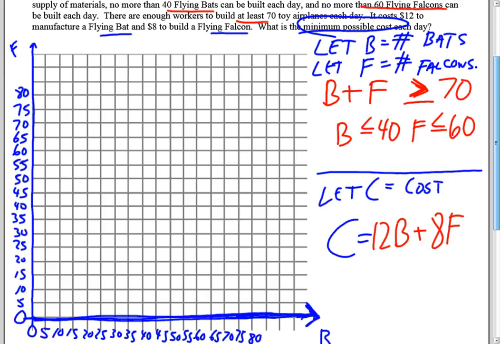If I'm making a little XY table for each of these, when you throw in a couple zeros, this is even simpler than the other ones. If that's 0, what's that? And if that's 0, what's that? 70. So it's very symmetrical. You're going to go up the same distance over here, and to the right the same distance over here. It makes for a much nicer line because you're going right through the diagonals of all of these unit squares.